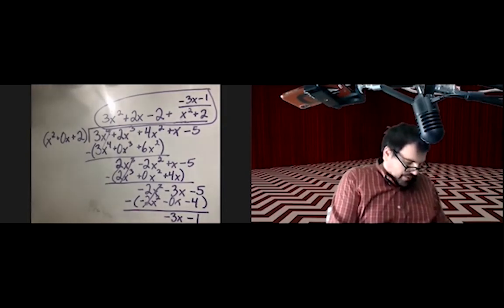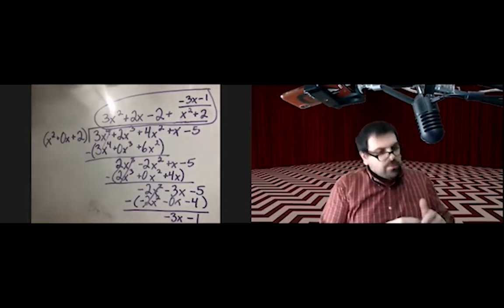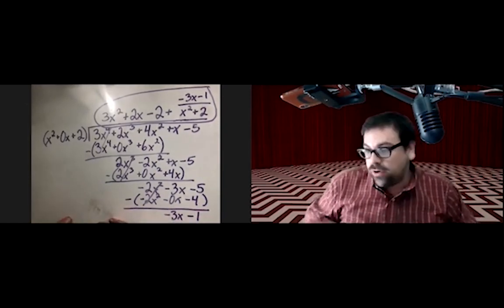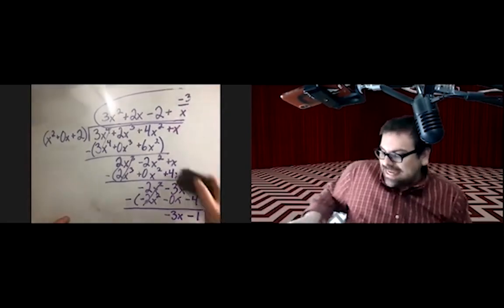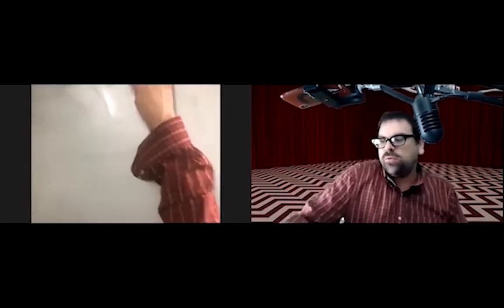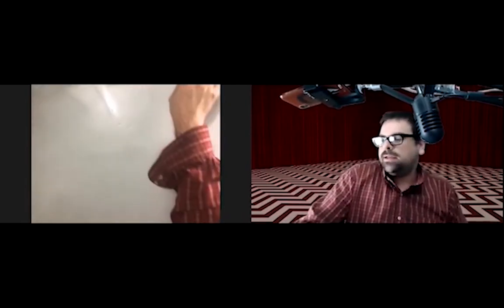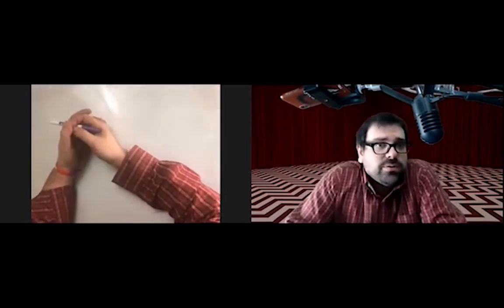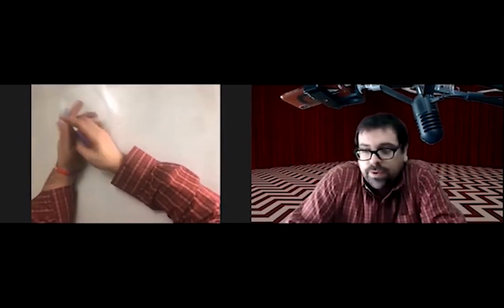Now, before I do the next one, I want to point out that not all division problems involving polynomials need long division. We only need long division when we divide by more than one term. We divide by a binomial or a trinomial.